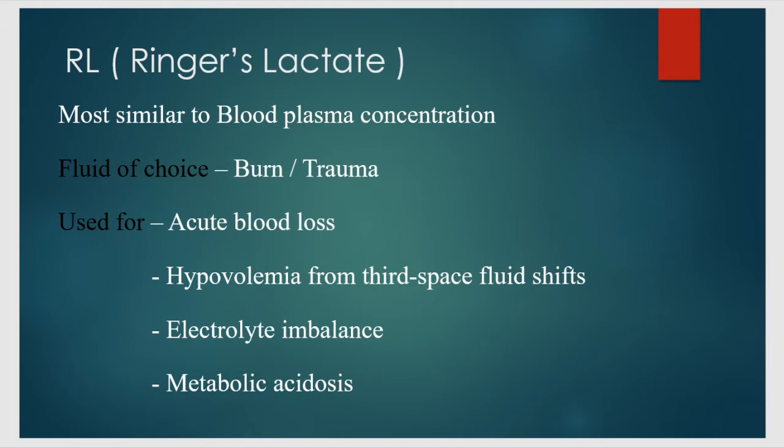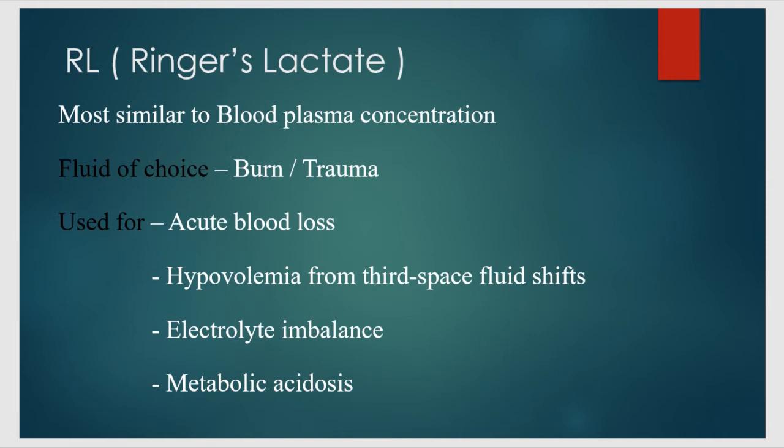Normally the osmolarity of our plasma is between 280 milliosmol to 310 milliosmol, and the Ringer lactate osmolarity is around 278. Whereas the osmolarity of normal saline 0.9%, what we have just discussed, is around 310, right? So both are almost isotonic, having similar plasma concentration.